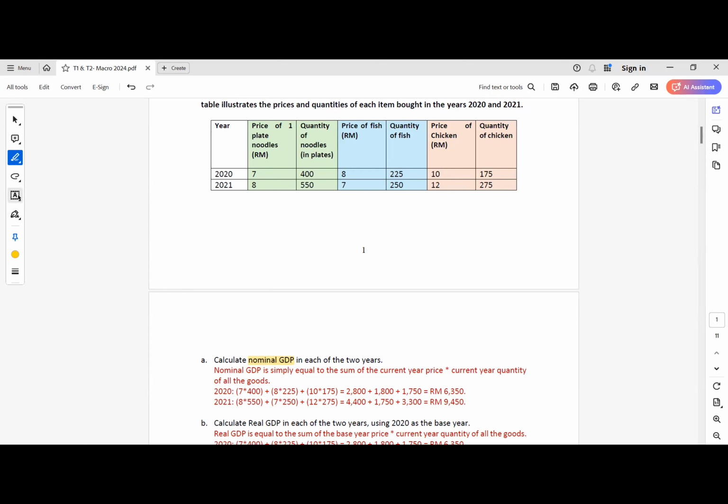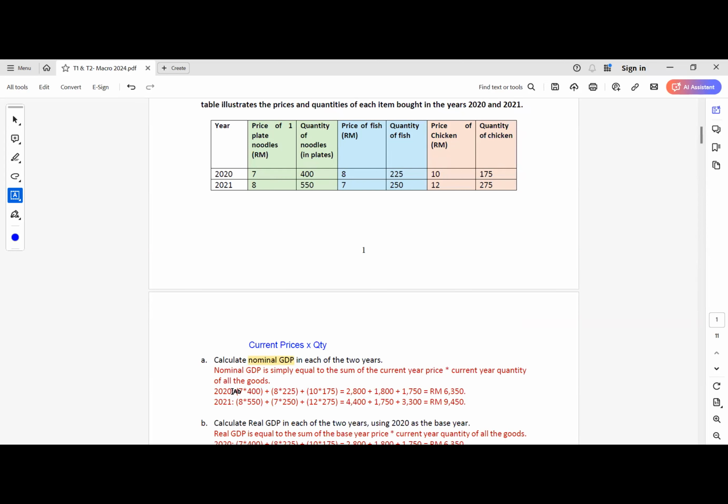Like in 2020, for the noodles, you use 7 times 400. And then plus another item here, make sure you put in the bracket: $8 times 225 units of fish, plus another bracket, $10 times 175 units of chicken.